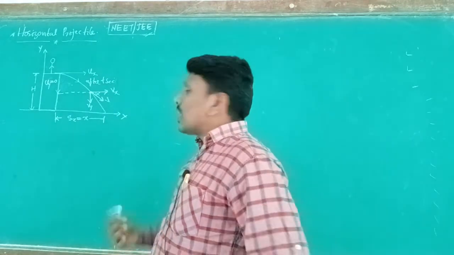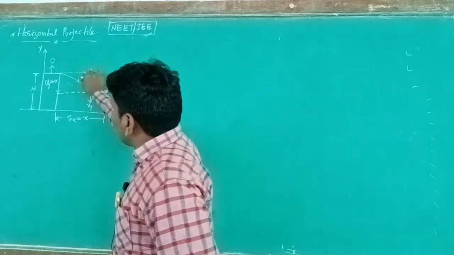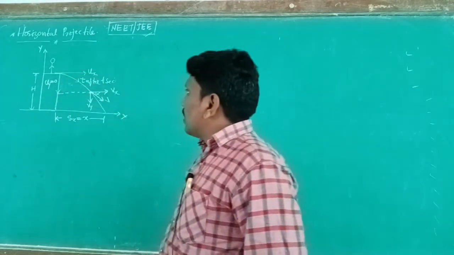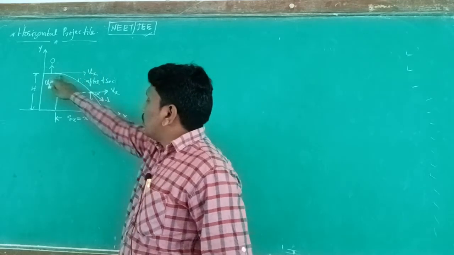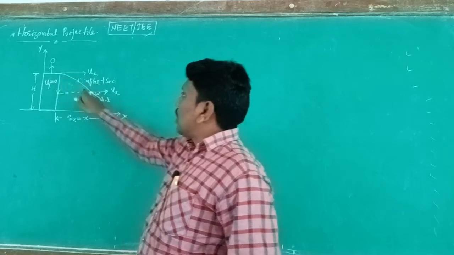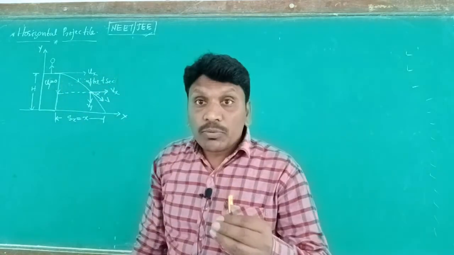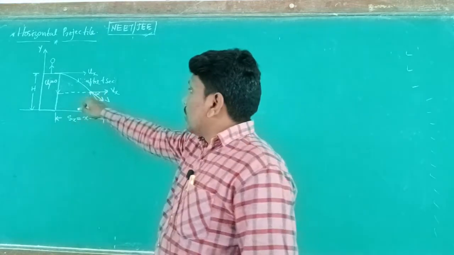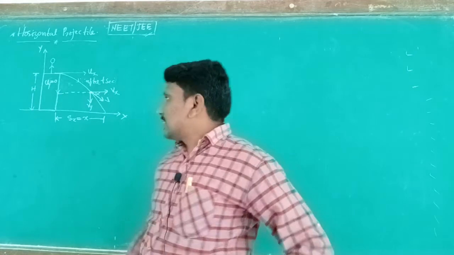In that case, what happens? After traveling t seconds, let us consider t seconds is traveled. Then that velocity of the projectile is called the final velocity. Already we have seen this in the last class.